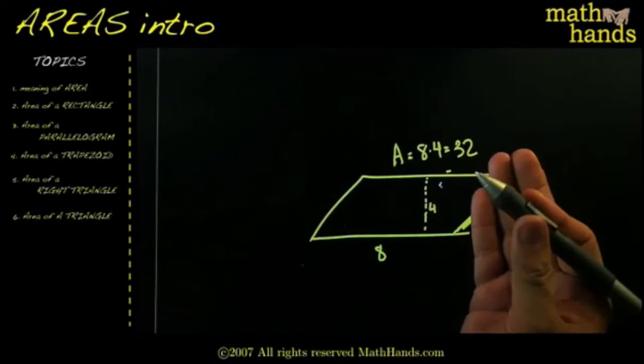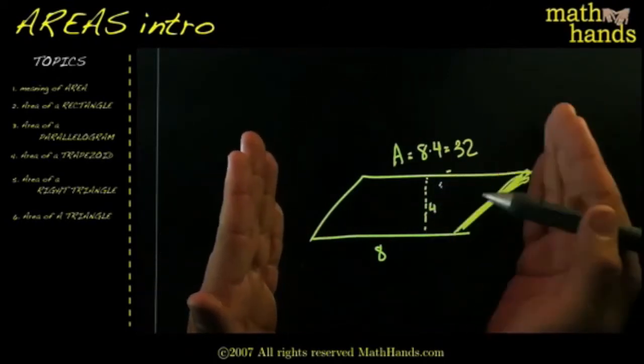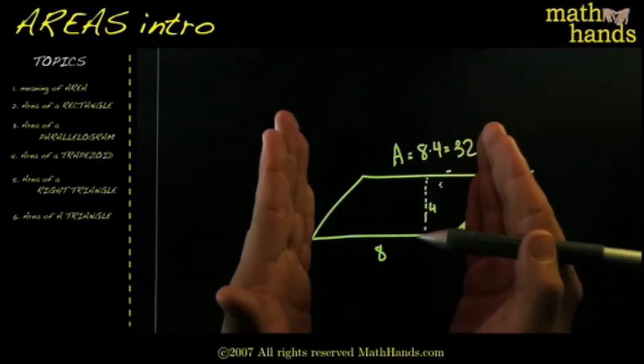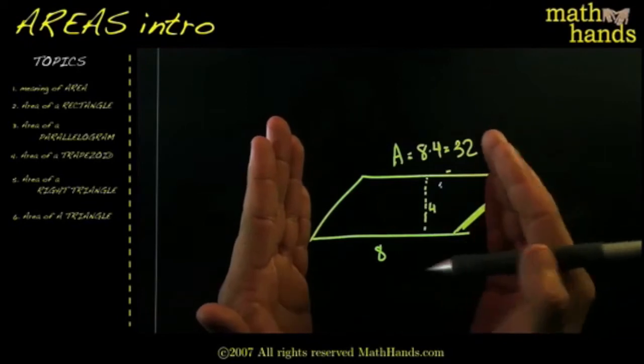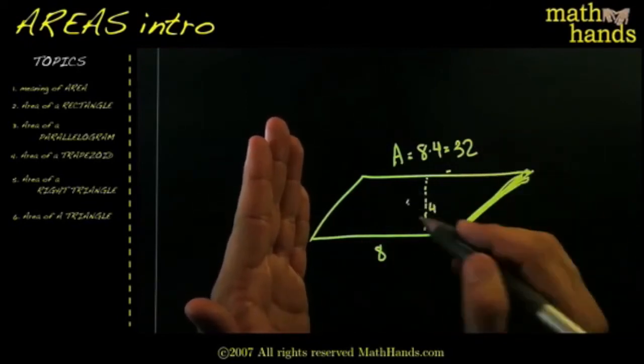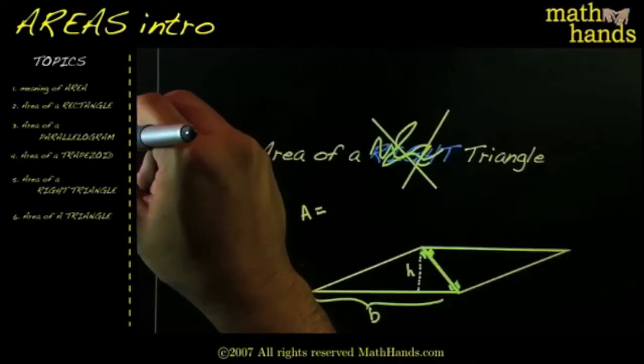As simple as that. Just remember, if you forget, you could just push this thing back so it makes a perfect rectangle. Then it's very clear that it's base times height. Okay, that was just a little rewind.